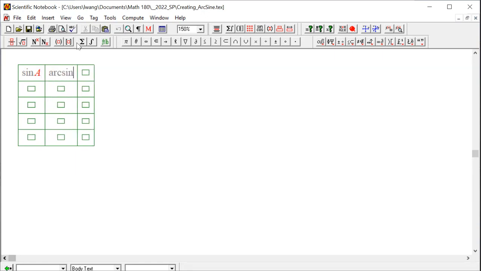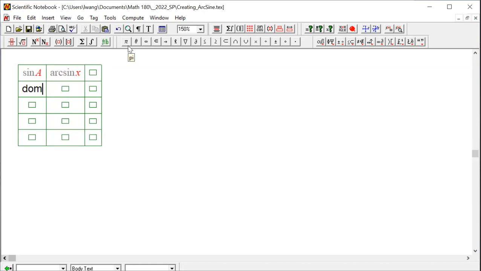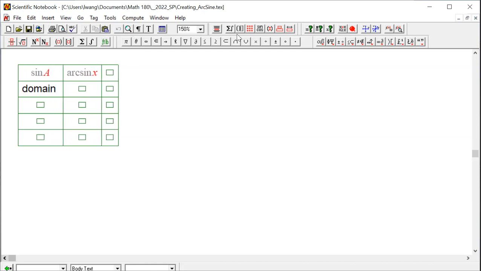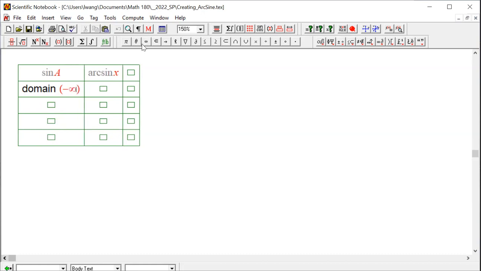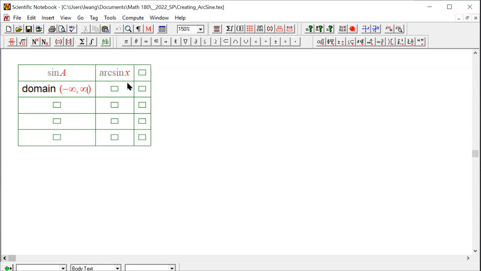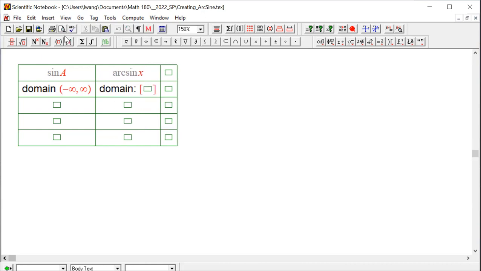ArcSine. Okay. So domain is all real numbers. Okay, we know everything about it so far. ArcSine's domain, this ratio, right? Domain is between -1 and +1.